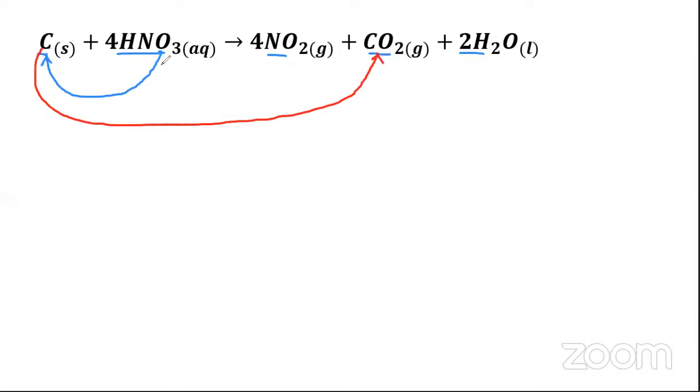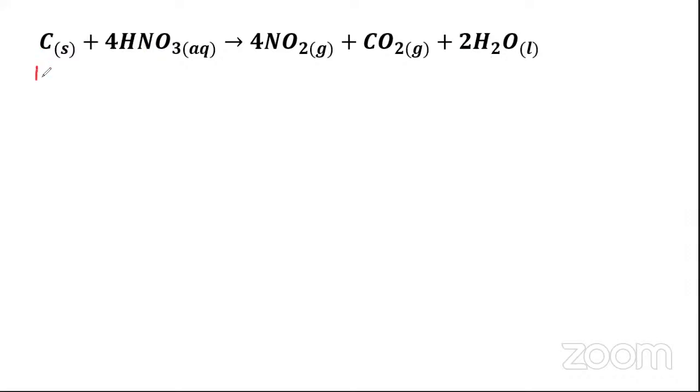And remember, now our nitric acid has lost this oxygen, so it has been reduced to nitrogen dioxide. Then this hydrogen reacts with the remaining oxygen to give us water.